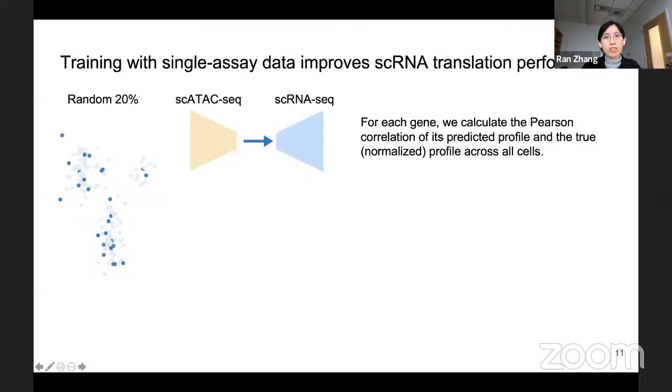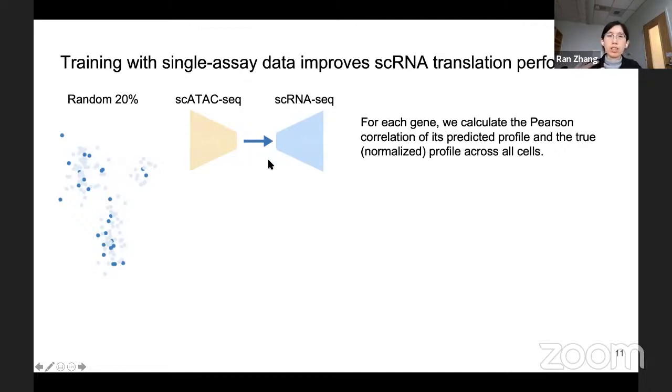To evaluate, we first try to recapitulate the single cell RNA-seq prediction based on single cell ATAC-seq profiles on these random 20% holdout cells. These cells are not used in the training process.